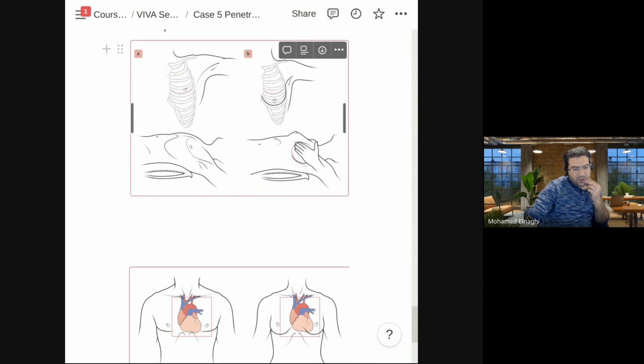Okay, and then once you make the skin incision, you make an incision through the intercostal muscles, and you get access to the chest cavity, and then you put the rib retractor, the rib spreader, and you spread the ribs, and you get immediate access to the heart.